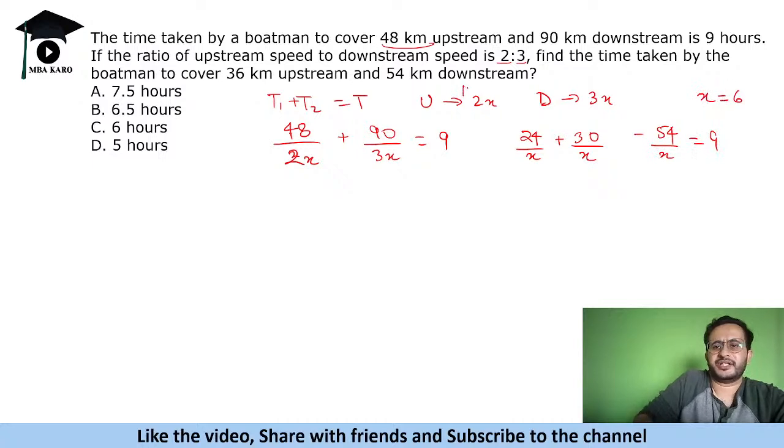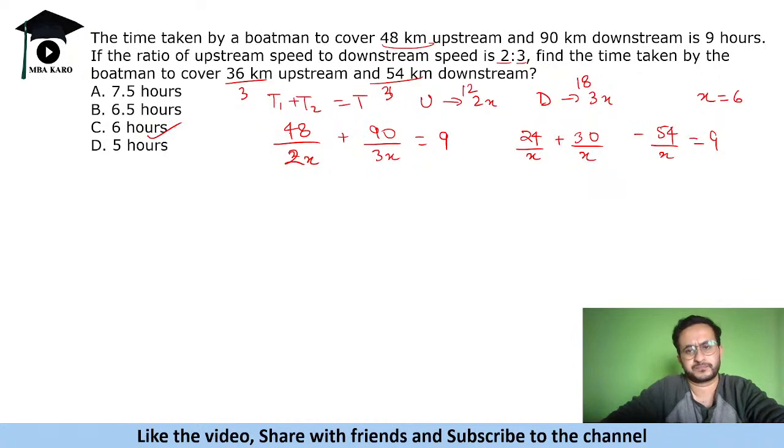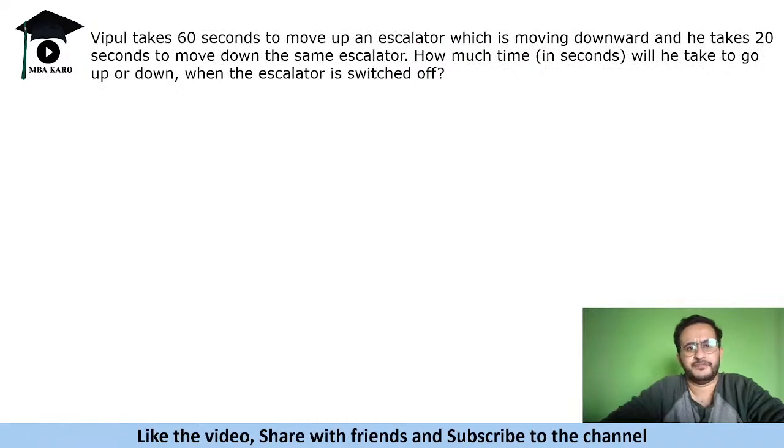So speed is 12 and 18. Okay, so 3 hours and 3 hours, so total of 6 hours. Yes, easy question.